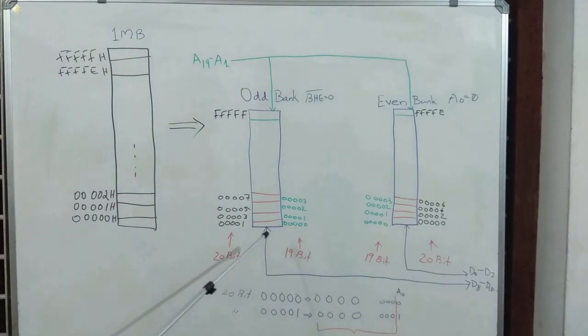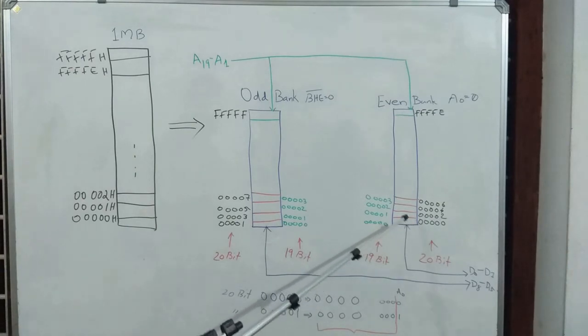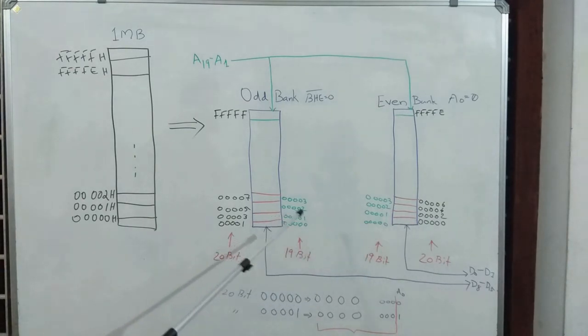So it is easy to read if the words start at an even address. The microprocessor can read it in a single bus cycle.